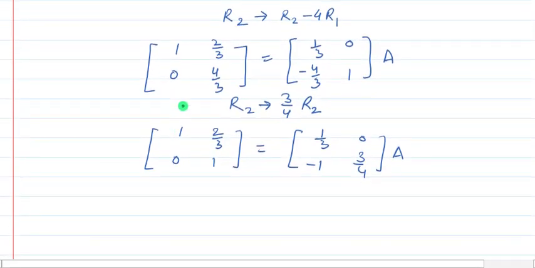Now next we need to make this element, that is 2 by 3, as 0, and this will be the final operation, because after that this matrix will become I. To make it 0, the simplest operation is R1, because this is the element of R1, implies R1 minus 2 upon 3 R2.